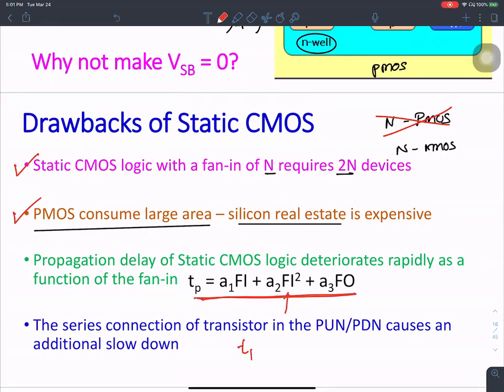In other words, TPD rising and TPD falling increase rapidly as the number of inputs N increases. As a matter of fact, they increase as the square of the number of inputs. That's the disadvantage. The propagation delay deteriorates quite rapidly.